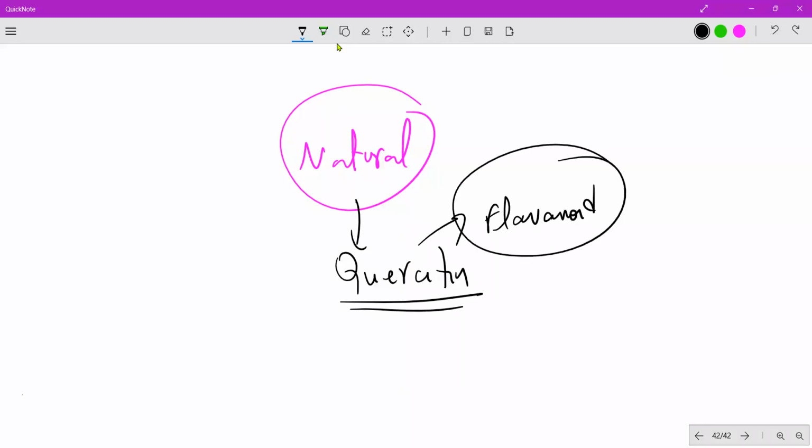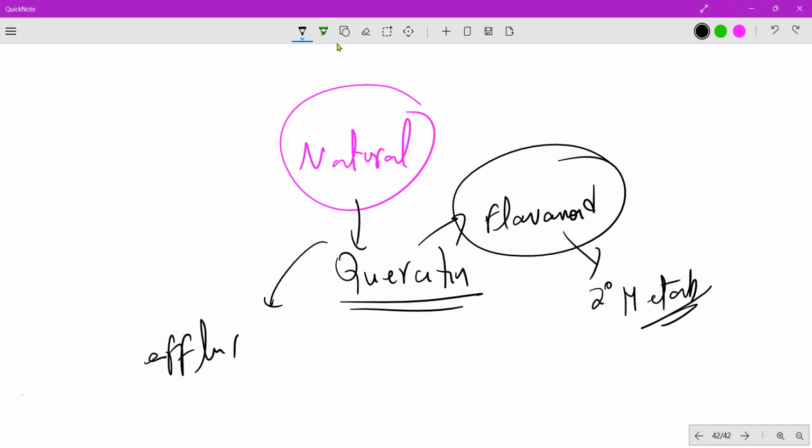By nature it is a flavonoid, and flavonoids in plants are secondary metabolites. Quercetin is one of the inhibitors of auxin transport. Of which one? It is an efflux inhibitor.